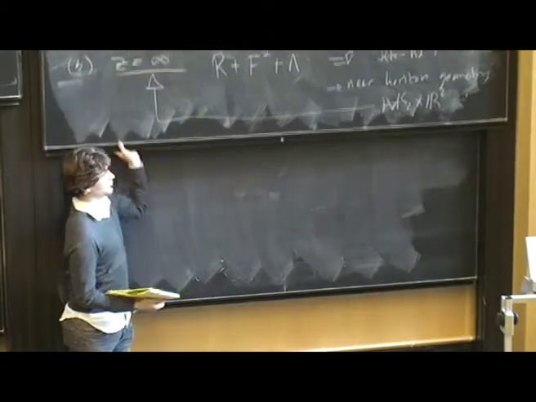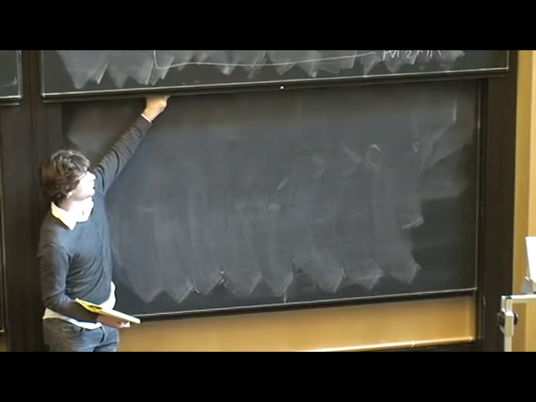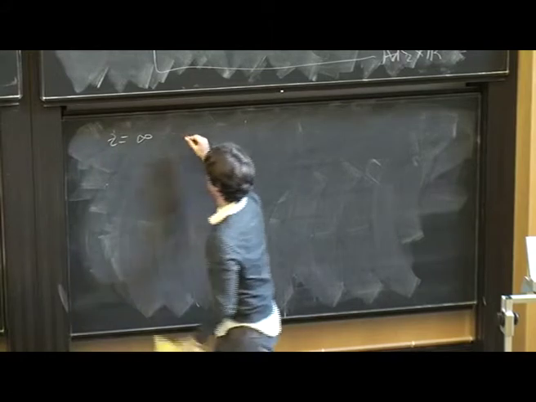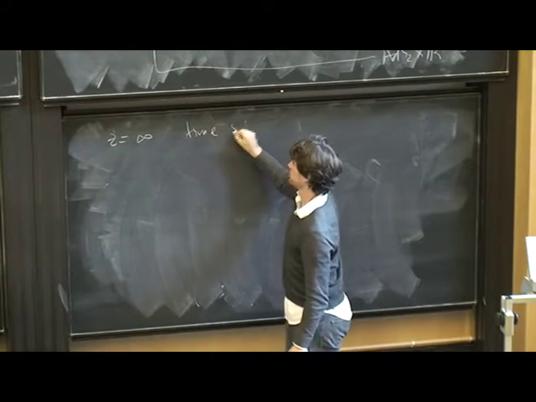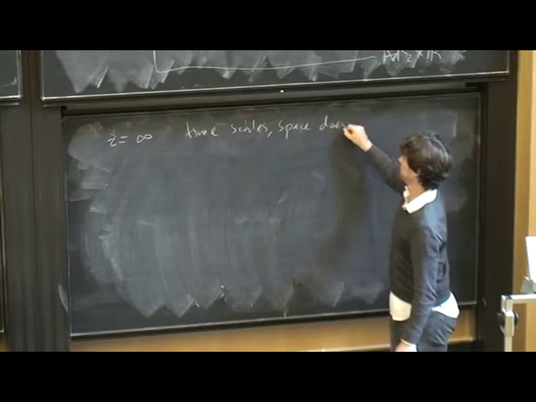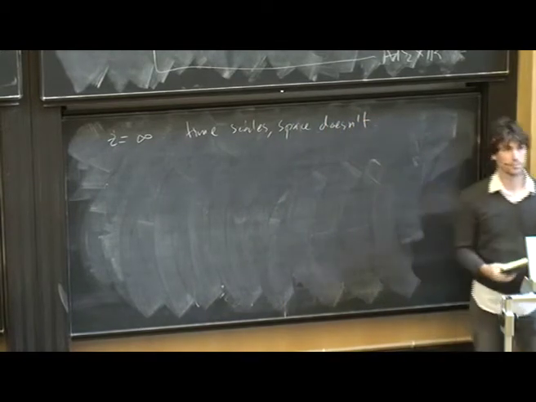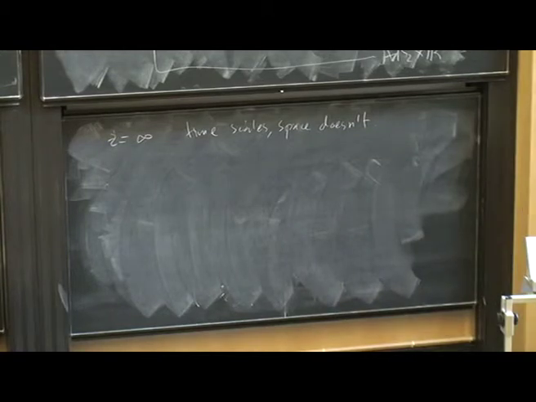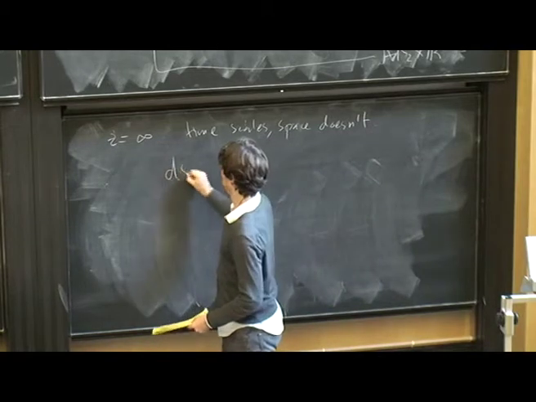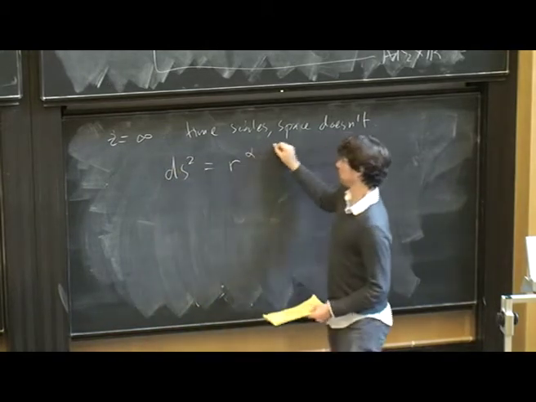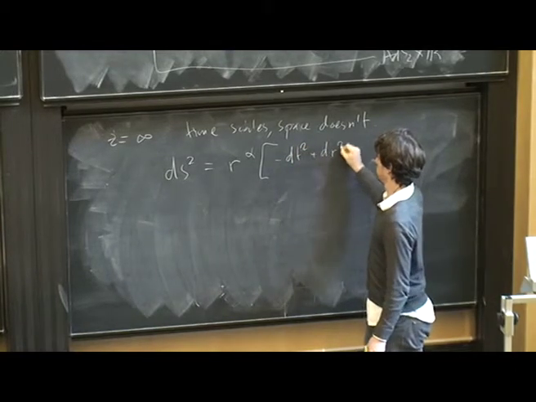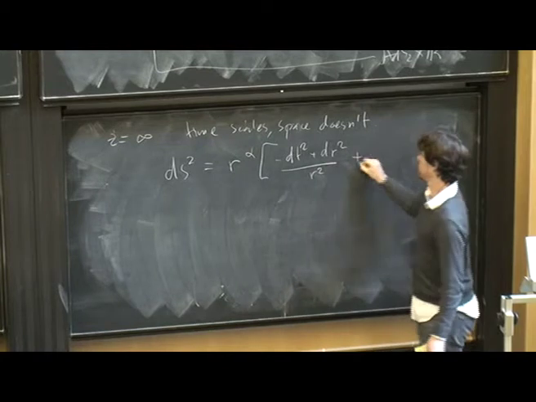So z equals infinity is a scaling. z equals infinity means that time scales, but space doesn't. So the general metric that has this form is you can have some hyperscaling term, and then you have an AdS2 and the R2.